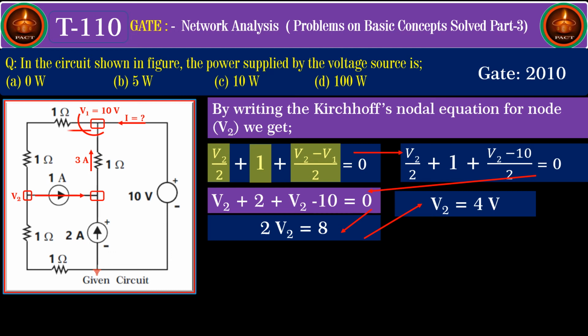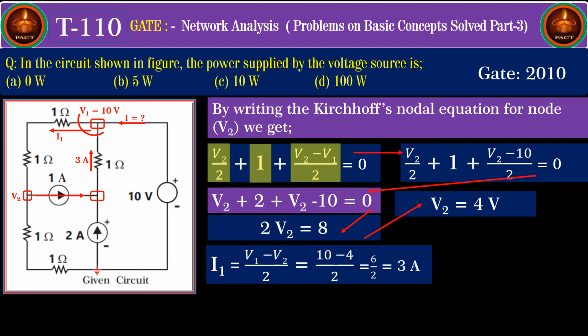So let's find this current and call this as I1, and I1 is equal to V1 minus V2 divided by 2, and we know V1 and V2. So by substituting V1 and V2, we get I1 is equal to 3 amperes. The answer is positive, so the assumed direction also is correct.